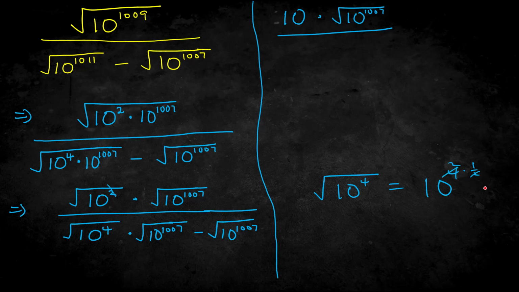So this side here too, we have 10 squared. So we have 10 squared times square root of 10 raised to 1007 minus square root of 10 raised to 1007.